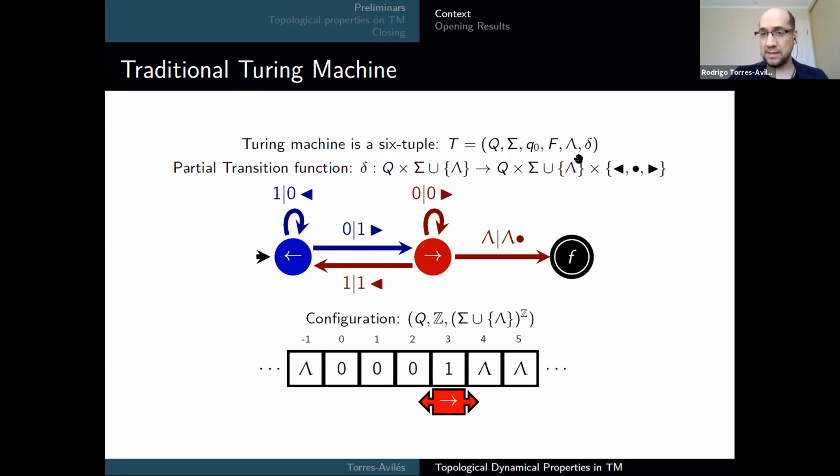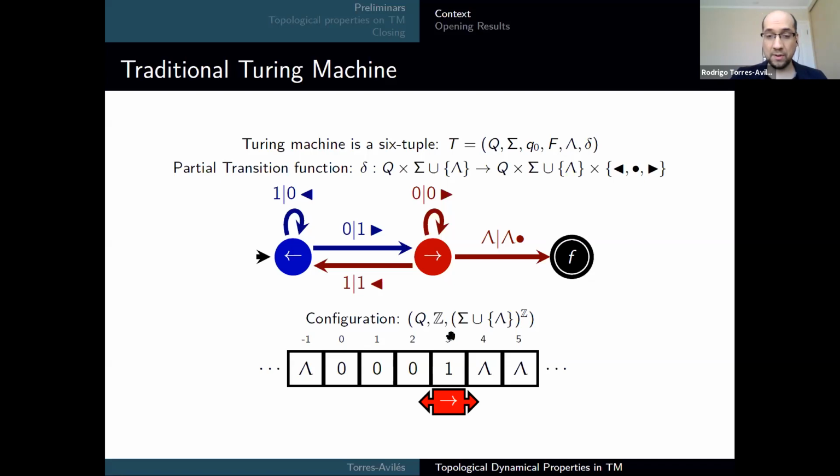A special symbol called the blank symbol, that an infinite one-dimensional grid is full of, except in the center part where the input is presented. And finally, a transition function that is represented by the complete graph here.